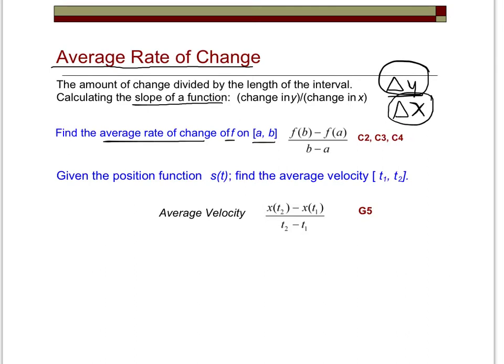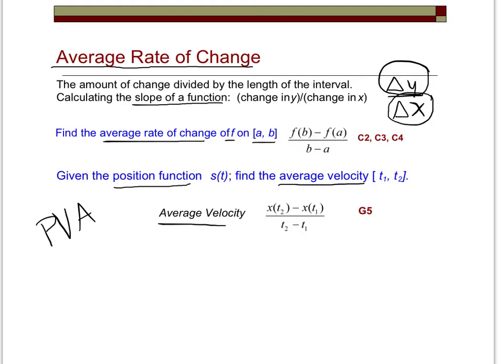Now let's say that you're given a position function. This is a very specific type of problem, many times abbreviated as a position, velocity, acceleration problem. And we want to find the average velocity. So we're wanting to find the slope of position. For average velocity, we would go x of t sub 2 minus x of t sub 1 all over t sub 2 minus t sub 1.